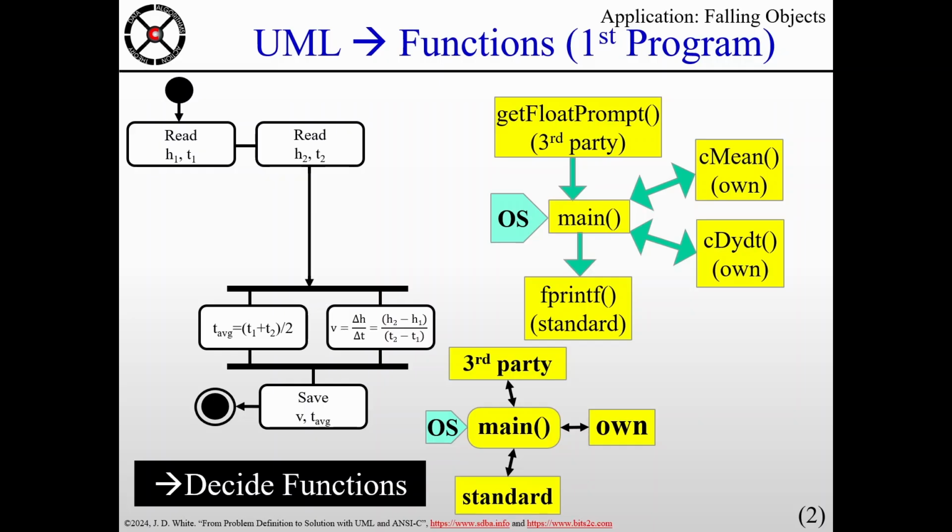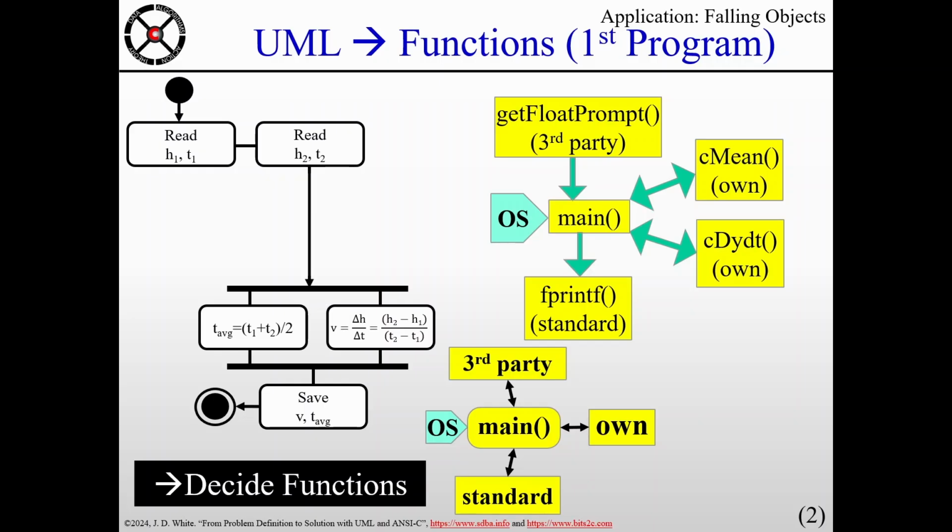And I'm going to write my own function to calculate the derivative, cdydt. And I'm going to use a standard function, fprintf, to save my information. So I decided I'm going to use a third-party function for one thing, a couple of my own functions, and a standard library function.